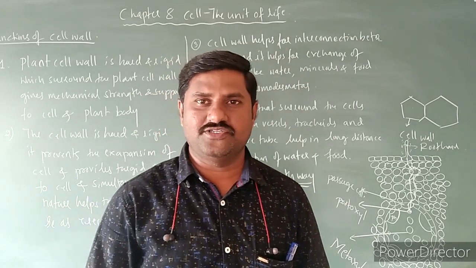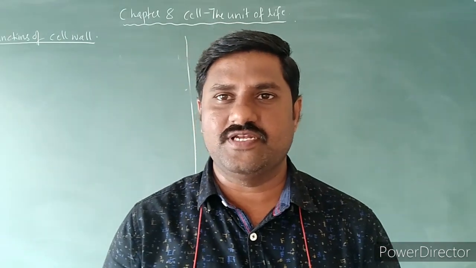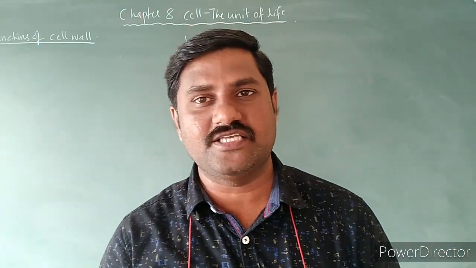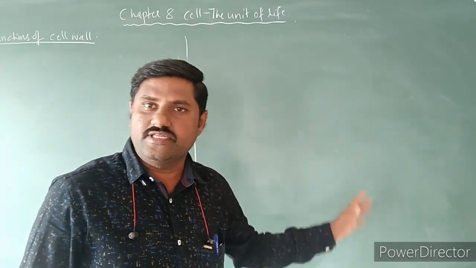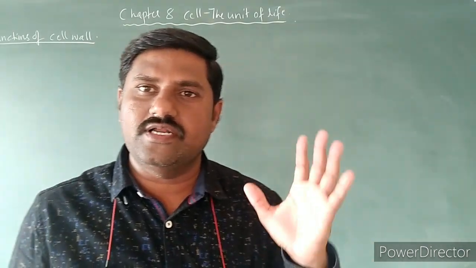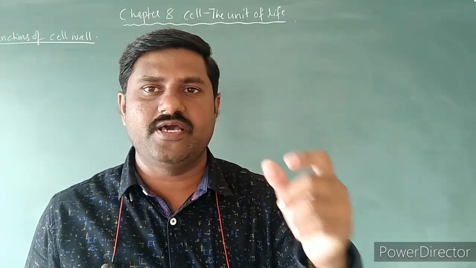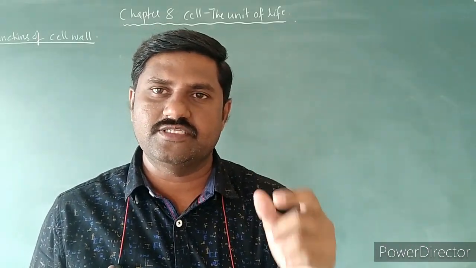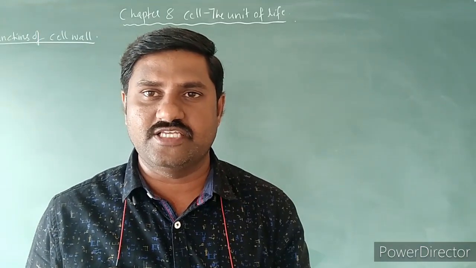So the next function is, yes, along with this one, it also helps for the symplast pathway. What is the symplast pathway? Already I have shown you in the diagram that water enters into the root hair. From the root hair it comes to the epidermal cell, and from the epidermal cell to the cortical cell or cortex cell through plasmodesmata.